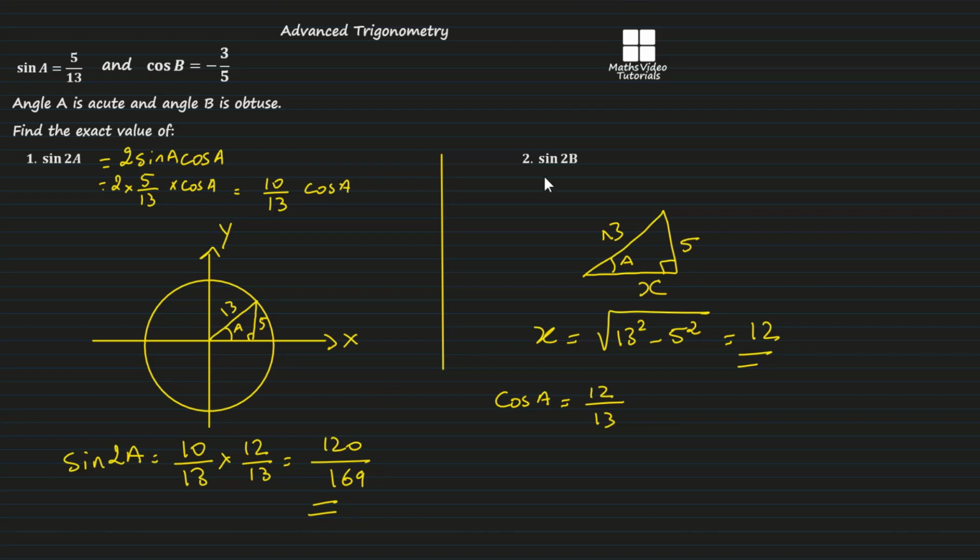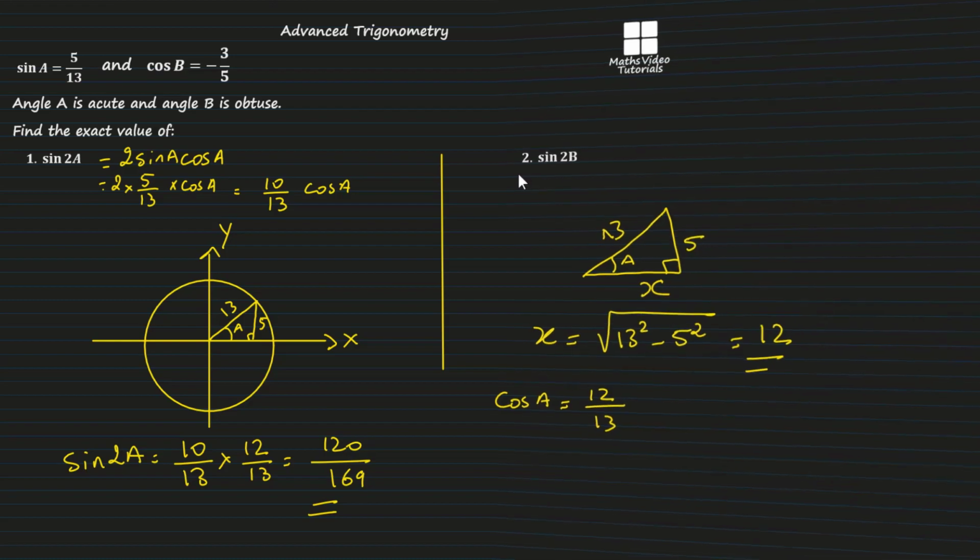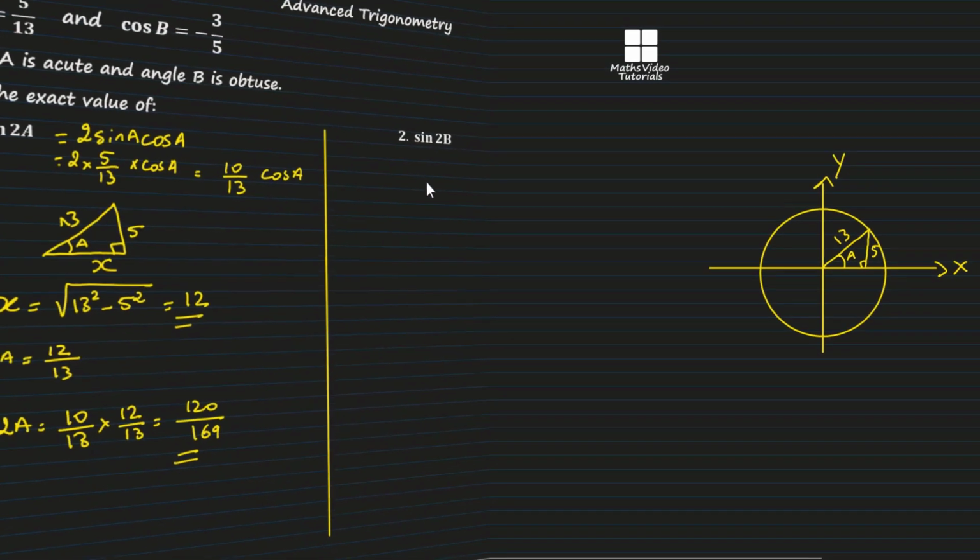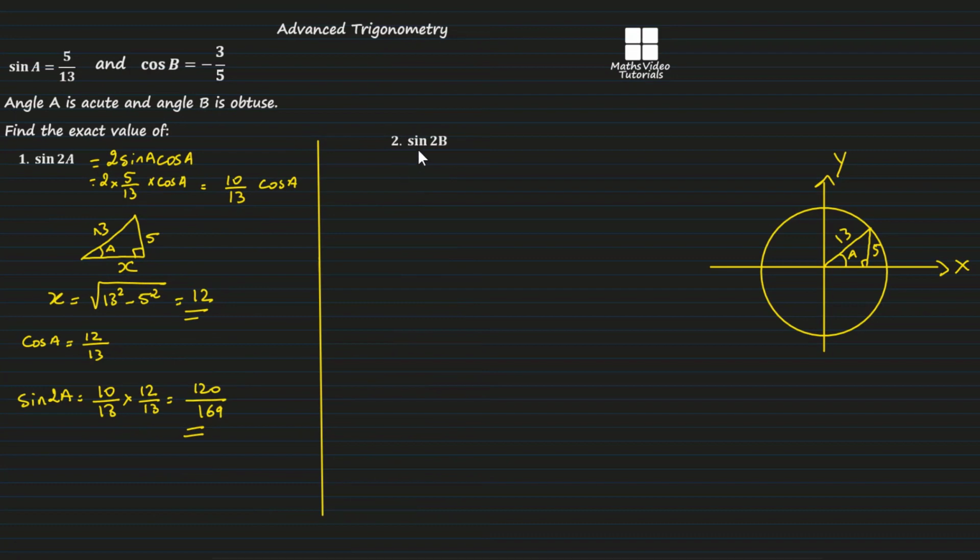Now for part 2, in a similar way, you can pause the video, answer it, and then come back to check your answer against mine. So for part 2, sine 2b will be similar. The expression of sine 2b is 2 sine b cos b.